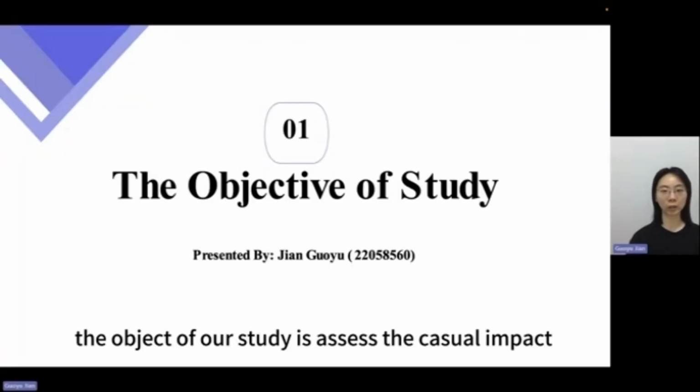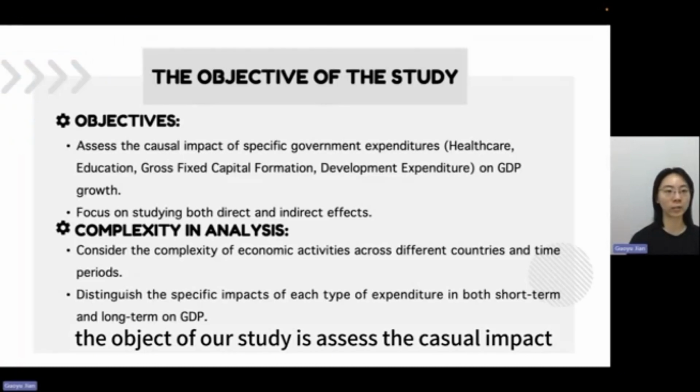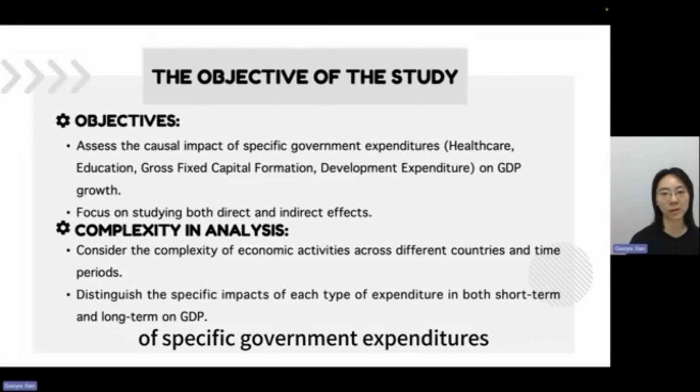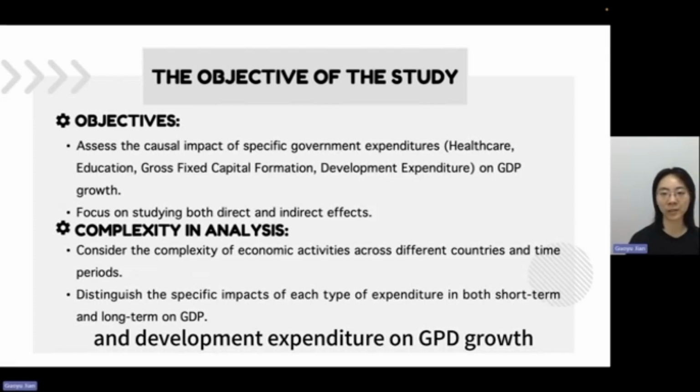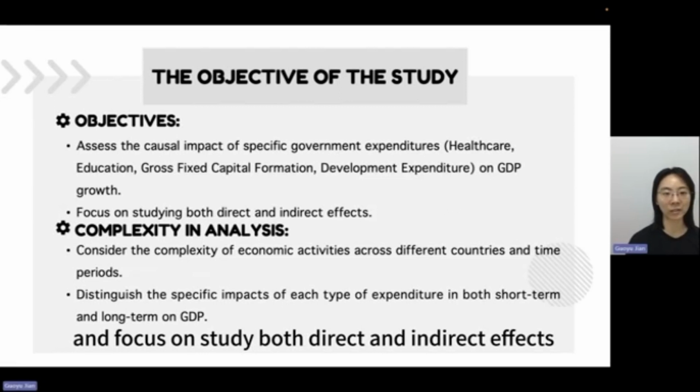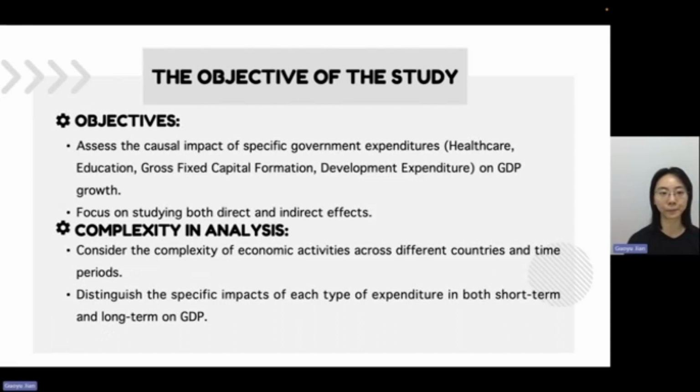The objective of our study is to assess the causal impact of specific government expenditures, including healthcare, education, gross fixed capital formation, and development expenditure on GDP growth, and to study both direct and indirect effects.